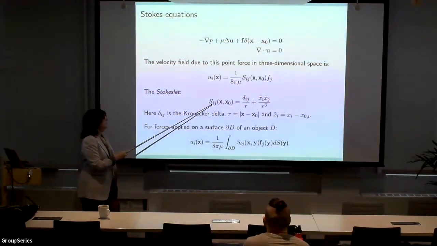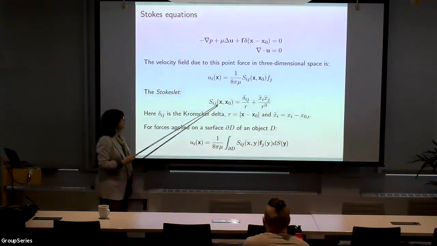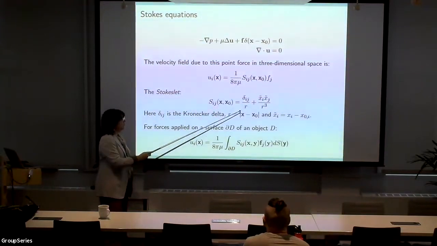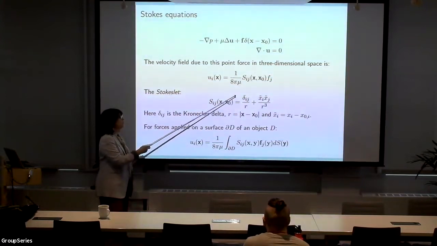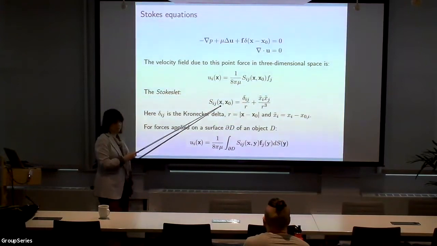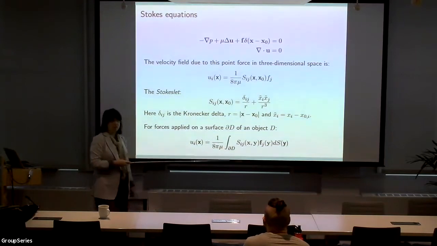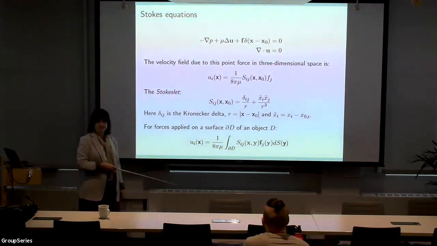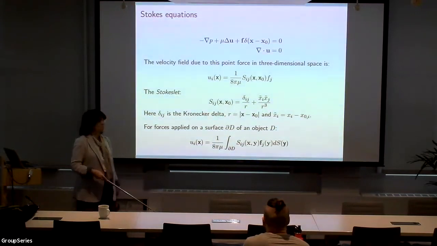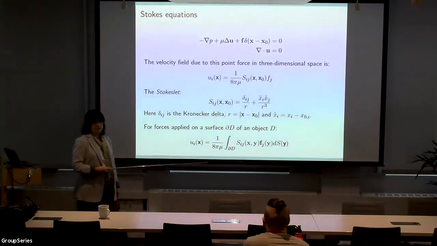It is valid everywhere, except we have a 1/r singularity if we try to evaluate the velocity at the point at which you apply the force. Nevertheless, if you're applying a force along a surface, the 1/r singularity is integrable, and so it's all good. You could get the fluid velocity everywhere.